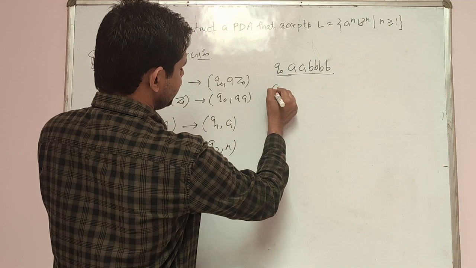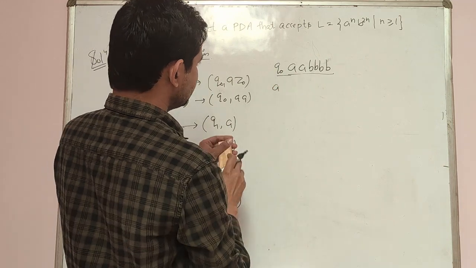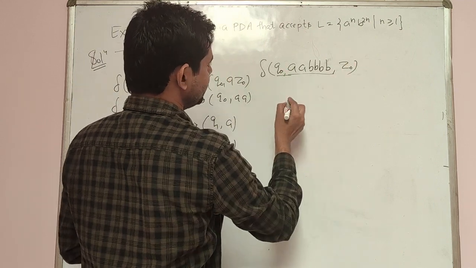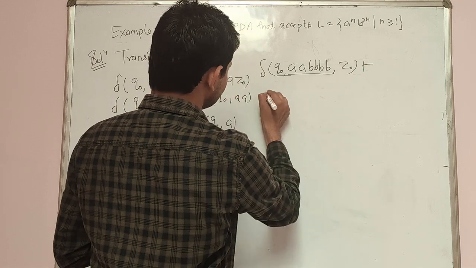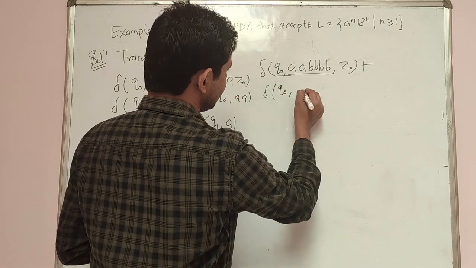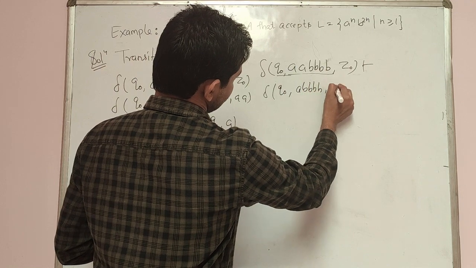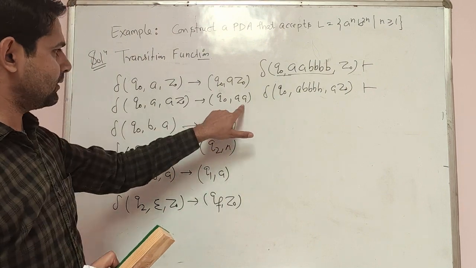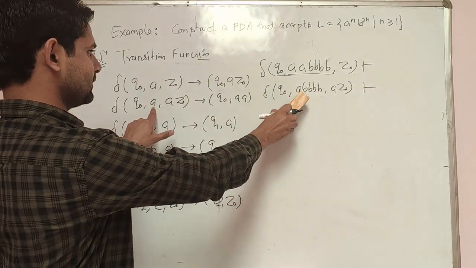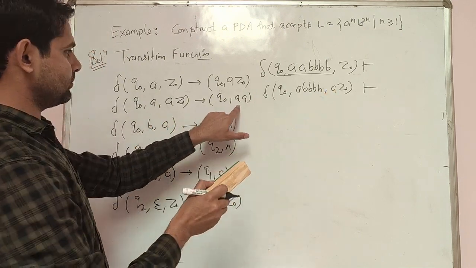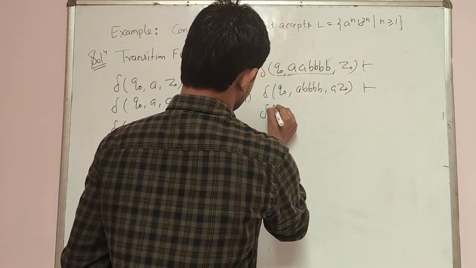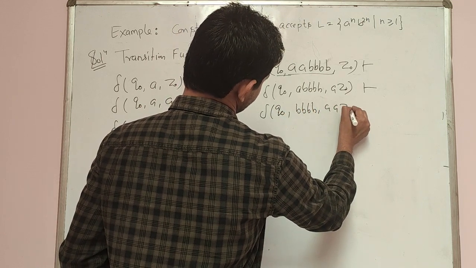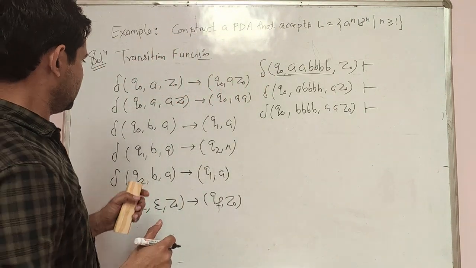You can write it the similar way we write in pushdown automata: Q naught, adding A, A Z naught. Similarly, we have one more A, and we are again adding it. We are on Q naught state, the input symbol is A, and the stack top is this one. We just add it: Q naught, A A Z naught.